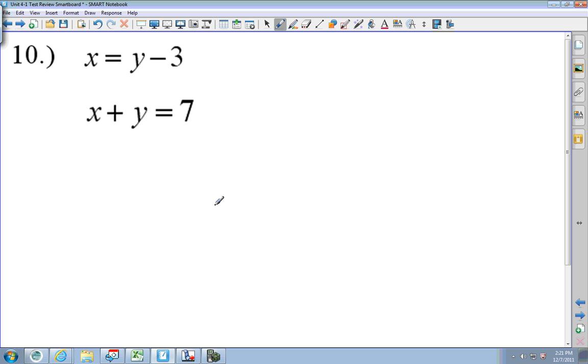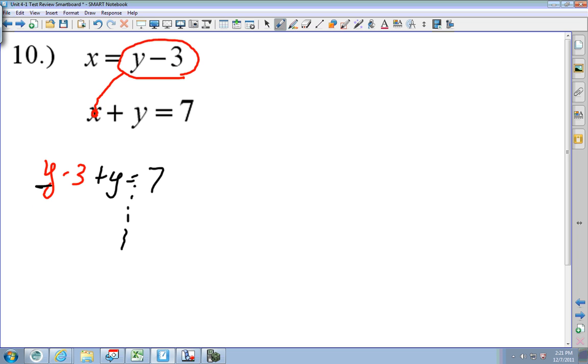Here's my next one. Circle what x equals. Let's substitute it in here for x. I get y minus 3. Now write the rest of the equation. Plus y equals 7. What do you do from here? Put your y's together. 2y minus 3 equals 7. Add 3 to each side. 2y equals 10.